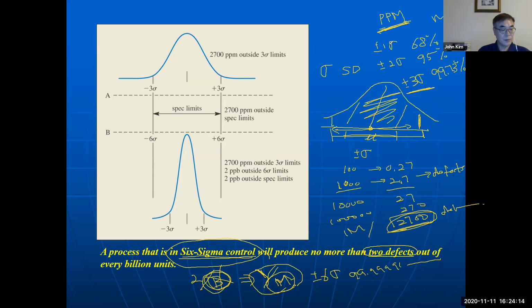If a supplier produces less than 1 out of a million, they give a 5-star certification, and then 4-star, 3-star, and so on. So based on this ppm, they evaluate suppliers. To say again, under this 6 sigma control, 2 out of a billion or 1 out of a billion, the same meaning.